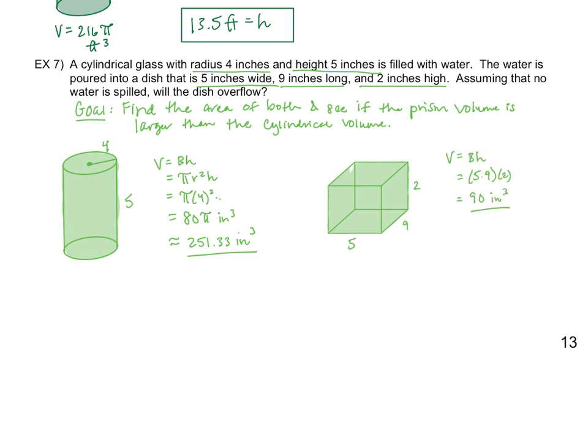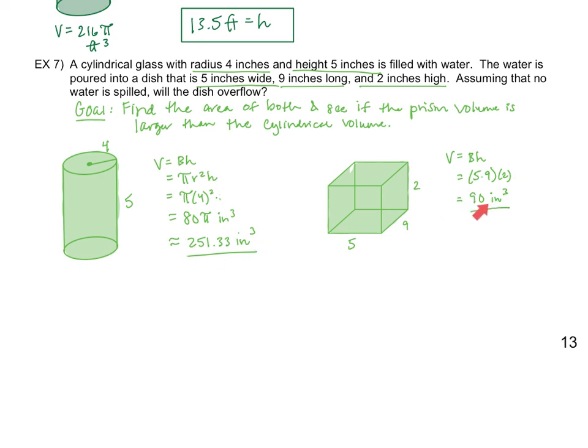All right, so looking at this, I plugged in my information and I saw that that prism, that dish, was 90 inches cubed. It didn't include pi, so that's why I took our result of pi and found the decimal of it. So we're taking this amount of water and trying to pour it into this dish.